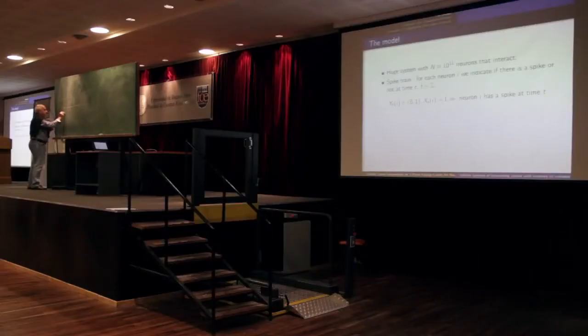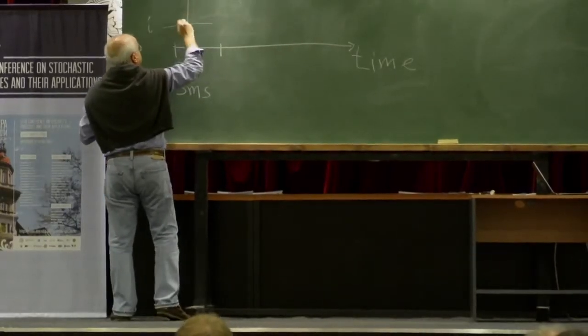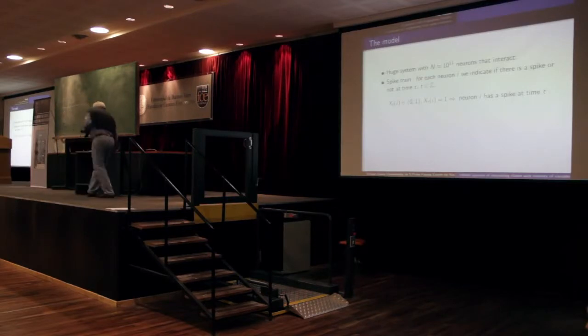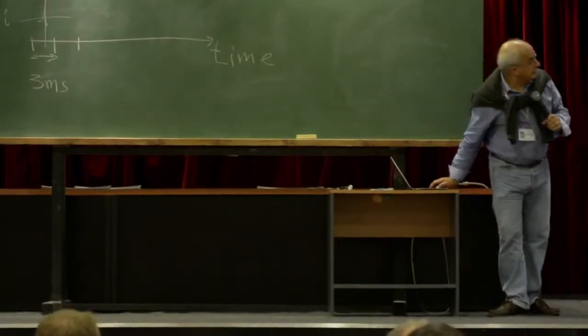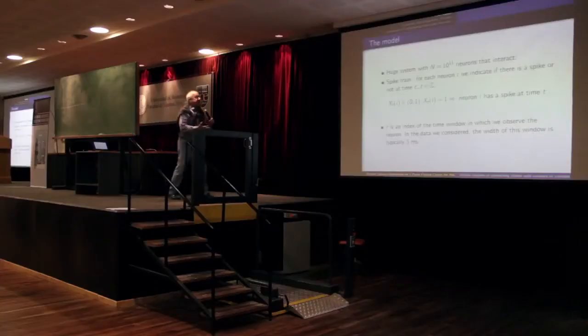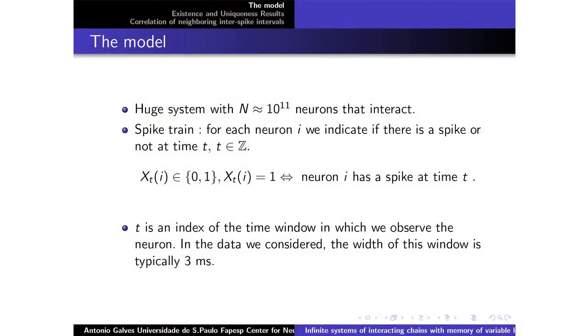You have windows, which are say 3 milliseconds, and you say if the neuron i has a spike, yes or no here. So you have a process which takes values in the set {0,1} to the power I. For experimental data, usually I take windows of less than 3 milliseconds.